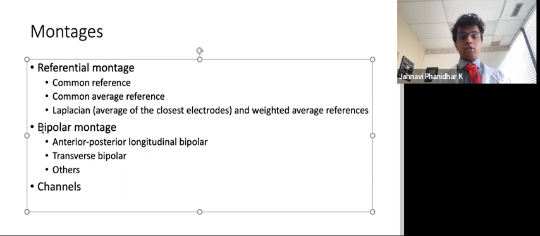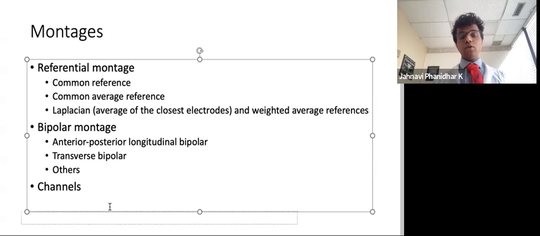There is another montage system, which is a bipolar montage, which is basically using two electrodes for the measurement. It can be along the anterior posterior longitudinal axis or the transverse axis. There are specific types of bipolar montages that are used within the institutions, and channels are basically the channel that we are interested in, which is basically two electrodes or an electrode and a common reference electrode.